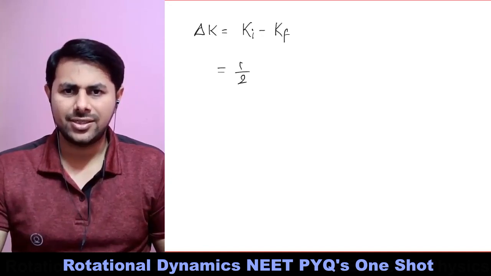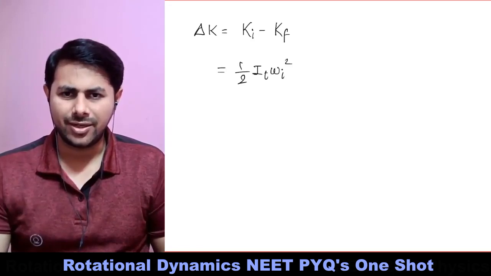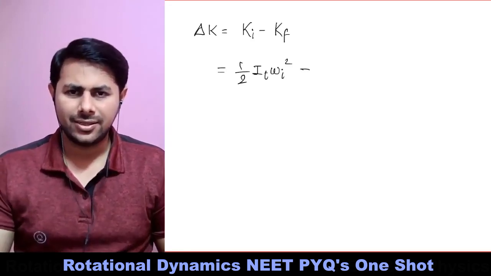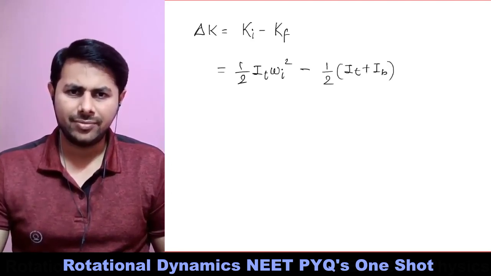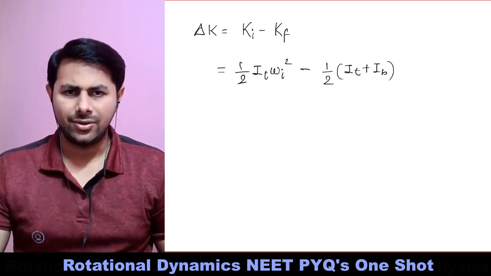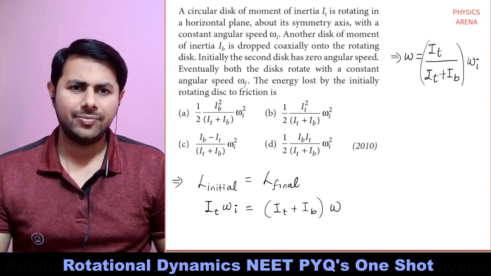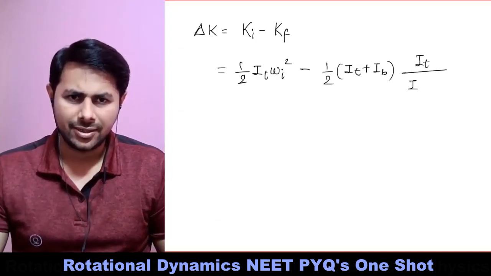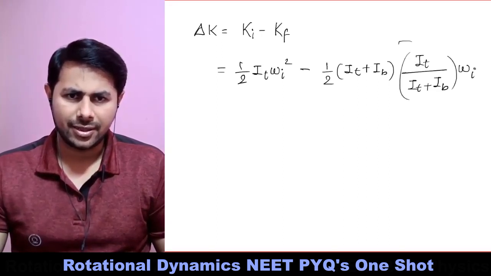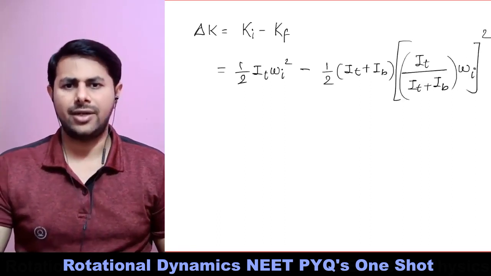The initial kinetic energy is half of I_t multiplied by omega_i squared, minus the final kinetic energy, which is half of I, now I_t plus I_b, times omega squared. And omega is I_t upon I_t plus I_b multiplied by omega_i, and we have the square of this, because this is the final angular velocity, right?